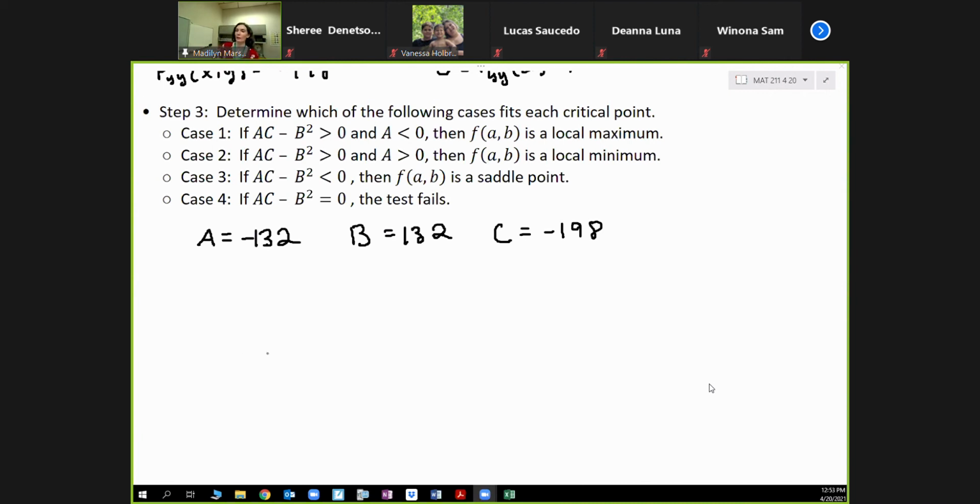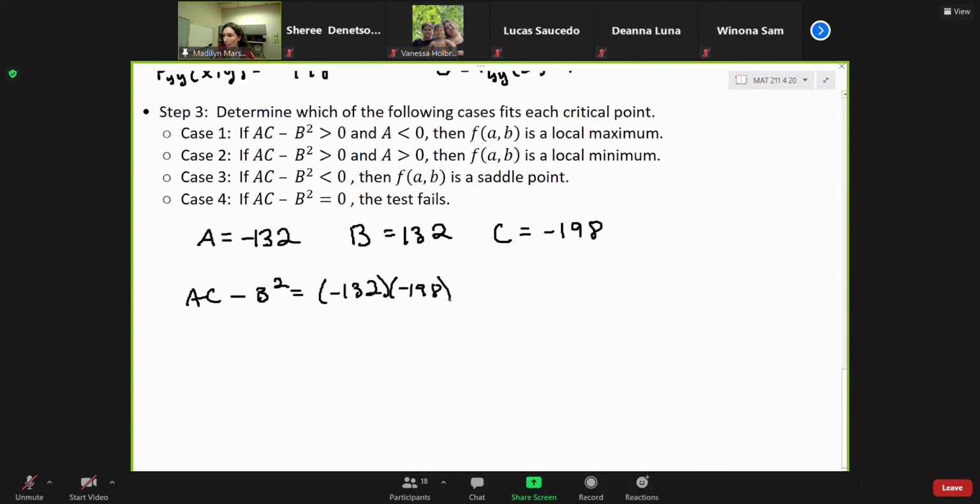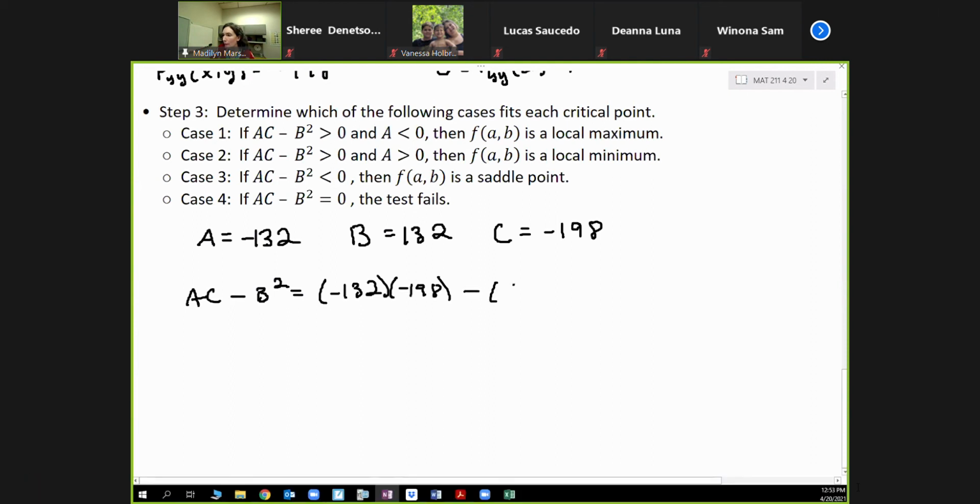So we have to remember that when we do this AC minus B squared, we will find that that ends up being a positive number. So this is definitely either case 1 or 2. Just make sure it's easy to look up here and see, oh, case 2 has that, so it must be case 2.